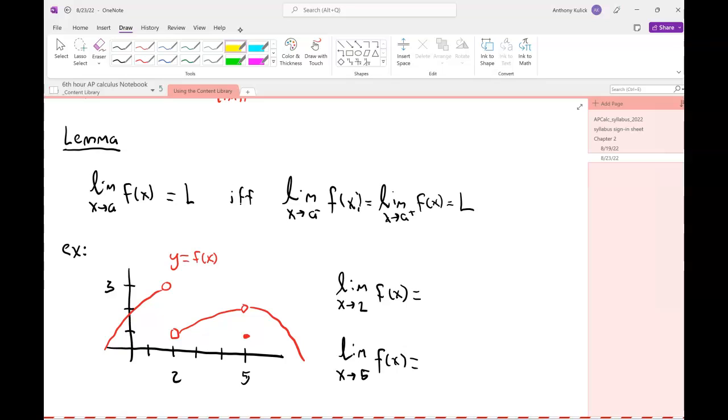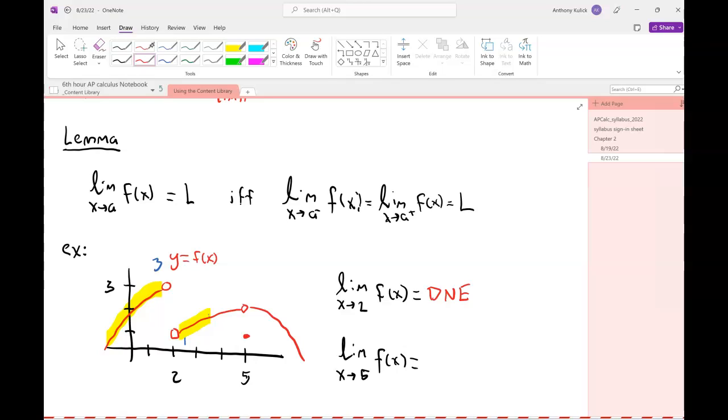Because the right-hand limit and left-hand limit are different. So the left-hand limit is going to 3, and the right-hand limit is going to 1. So we'd say then this limit does not exist.